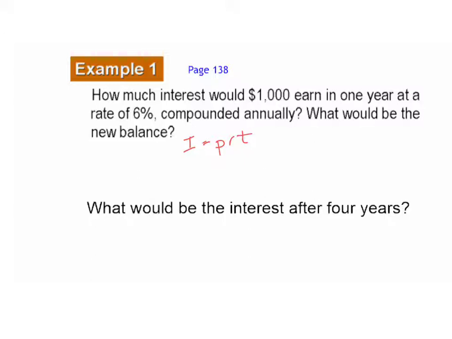In this particular case, we have 1,000 times 0.06 times 1. When we plug that into our calculator, it equals 60. The new balance, of course, would be 1060, 1,000 plus 60.